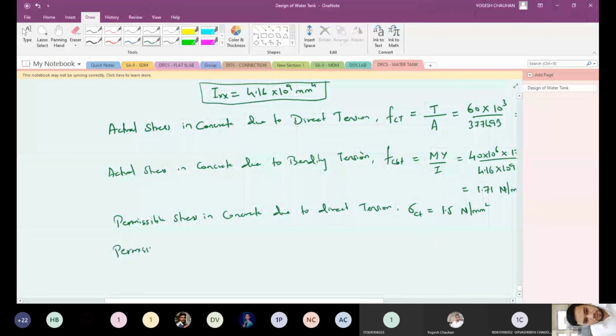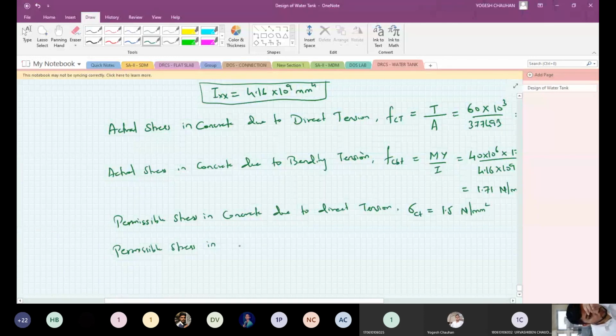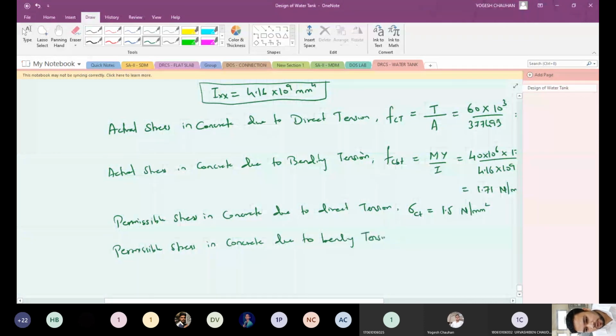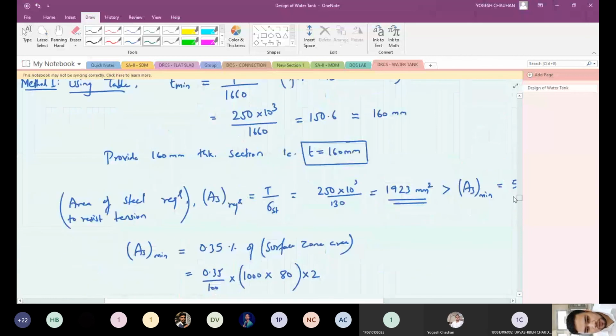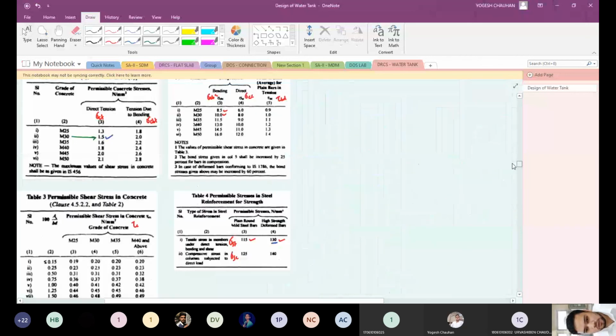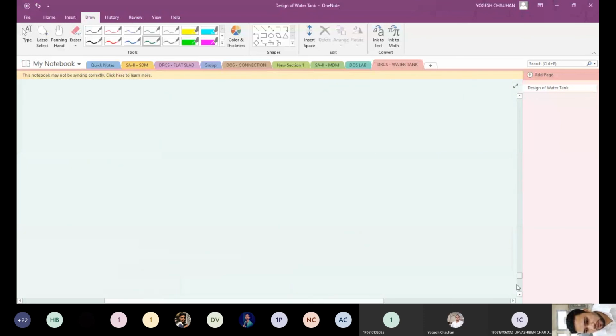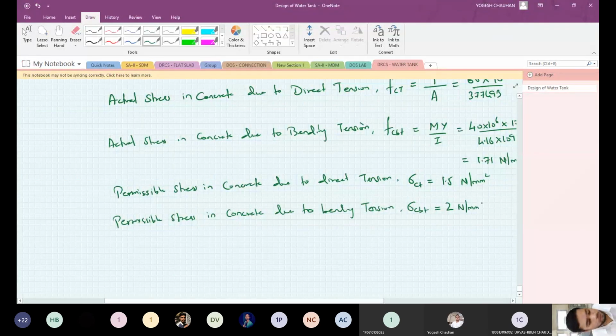And the permissible stress in concrete due to bending tension, that is sigma CBT, the permissible value of sigma CBT for M30 grade is 2 Newton per mm square.